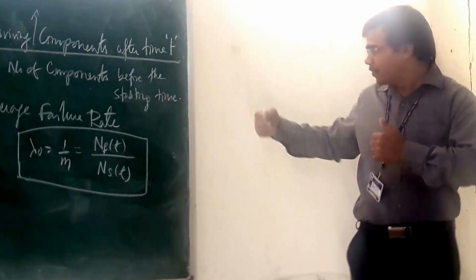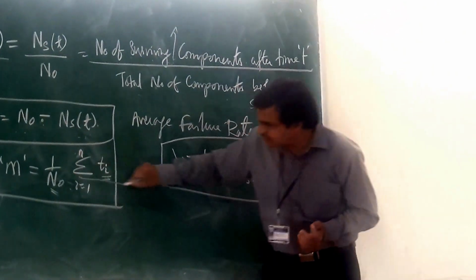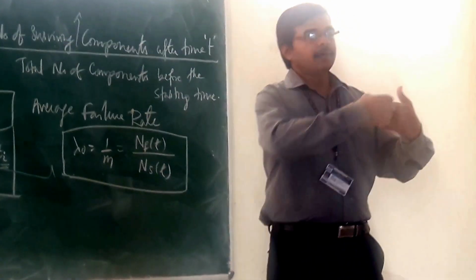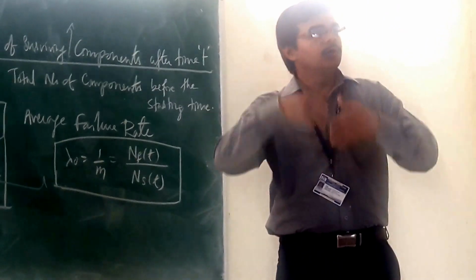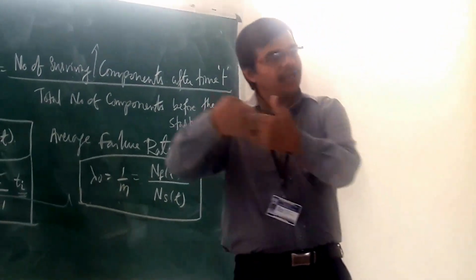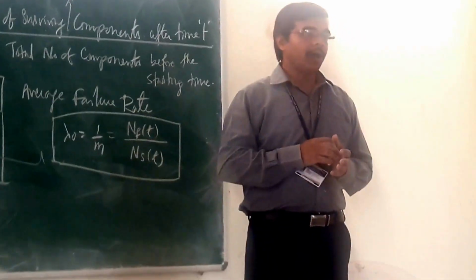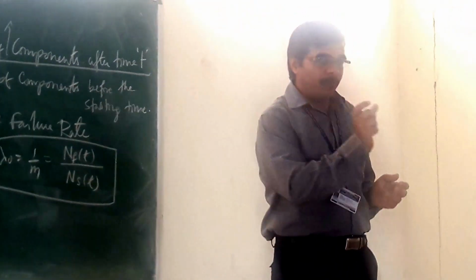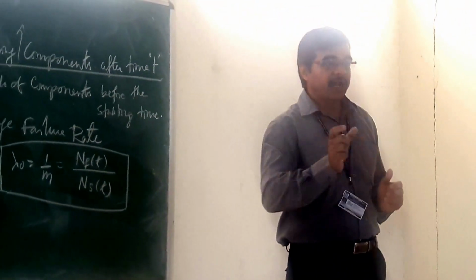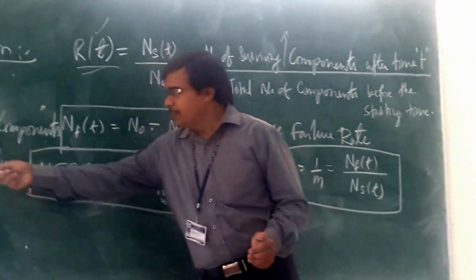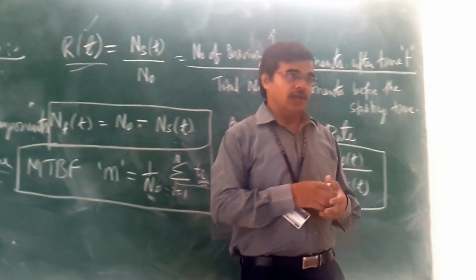Here we are taking the summation of this time. It may be possible that at time t1 some failure will be there, at time t2 some more failure will be there, and we continue till time ti. If we consider how many failures there are at different time intervals and take the summation of that, we can find the mean time before failure.